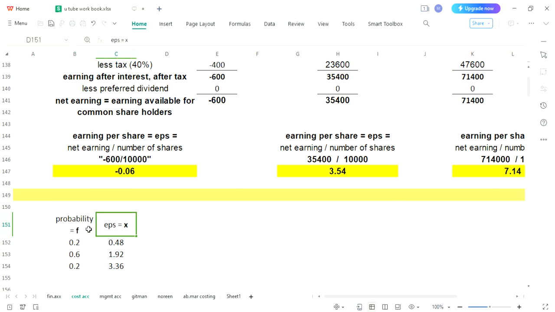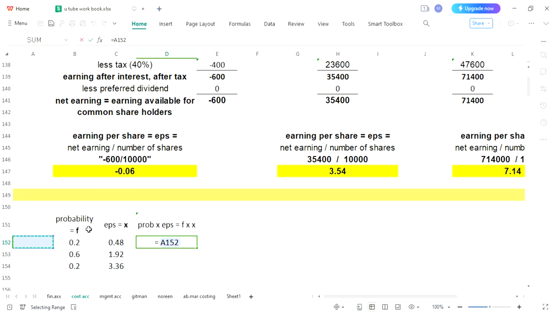Alright guys, here you will calculate your probability and it would be multiplied by EPS. That means F would be multiplied with X. Okay, so here probability was 0.2 and you need to multiply it with 0.48. So we have got first product of fx. Actually you are calculating it fx.